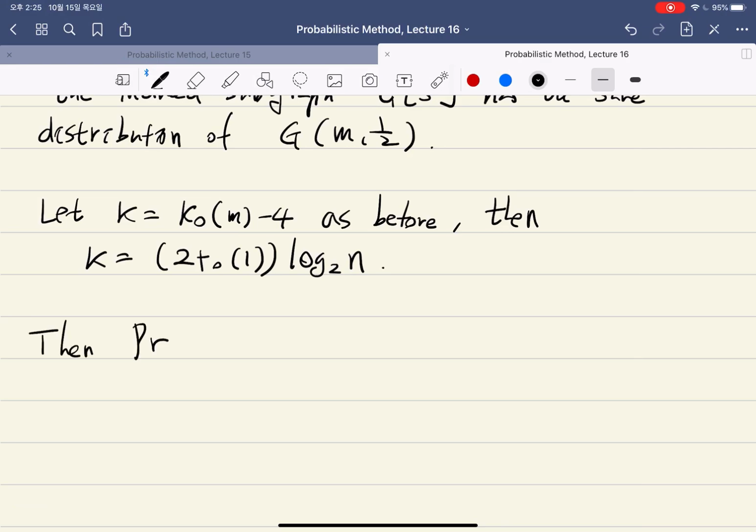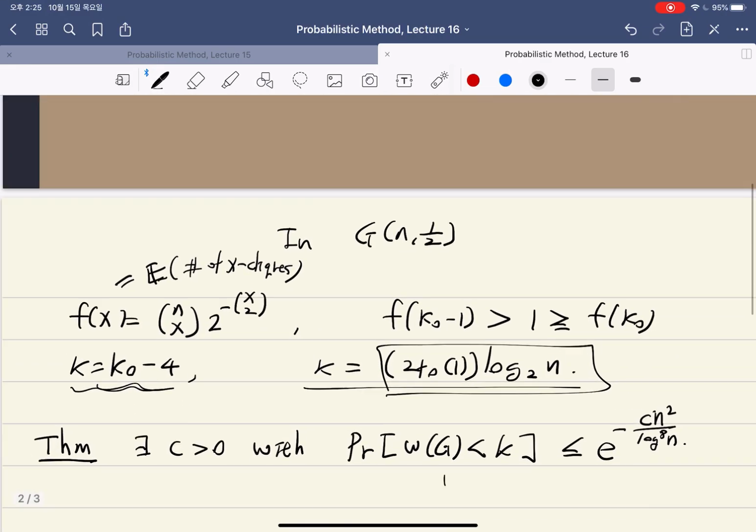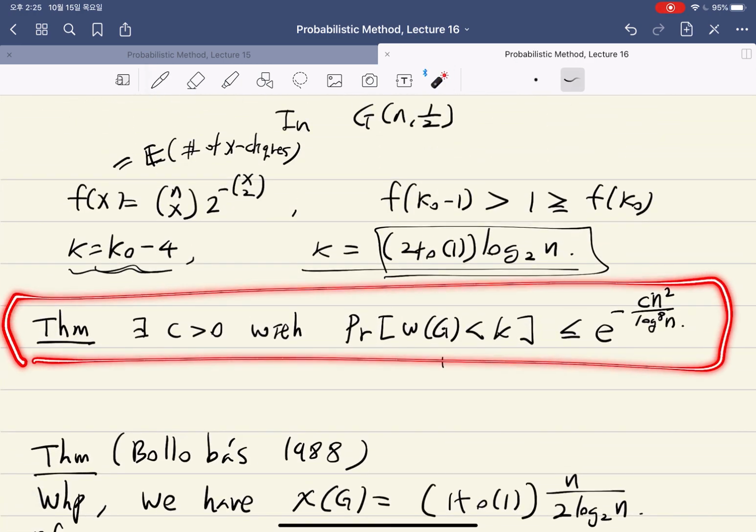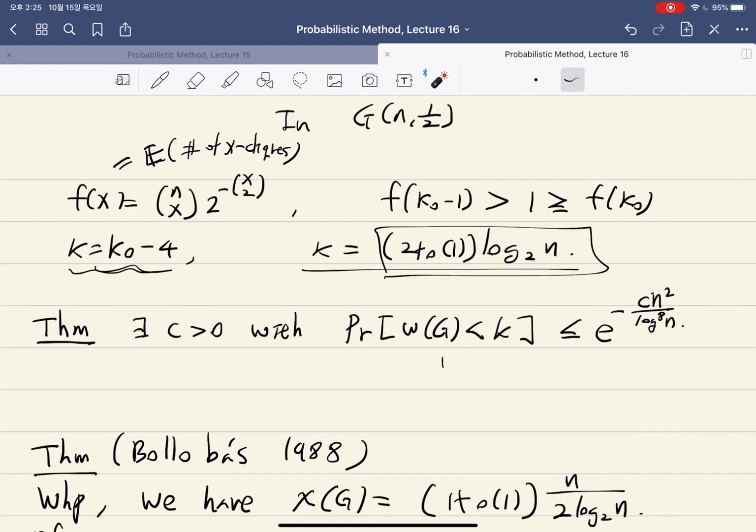Now we use the previous result. So we know that with high probability it has not too low clique number, and because clique number and independence number have the same distribution, the same inequality holds for the independence number.